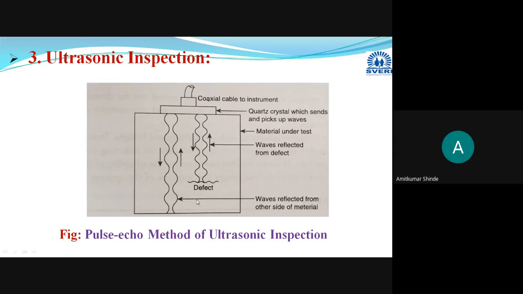Then whenever a defect is present, suppose a crack is highlighted here. The pulse sent from this pulse generator will follow this direction, then get reflected from the defect, from that crack only, and again be received at this crystal.